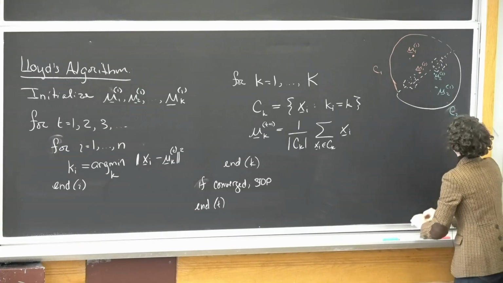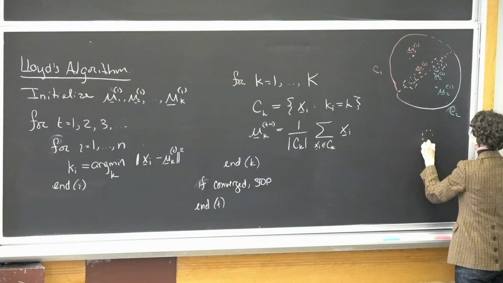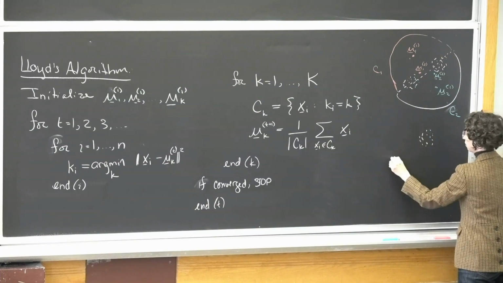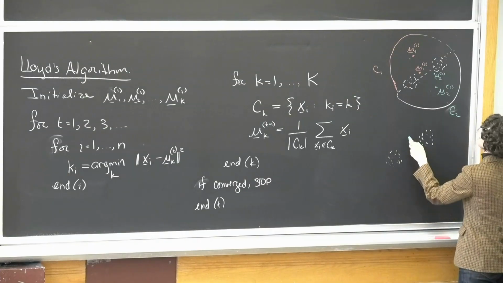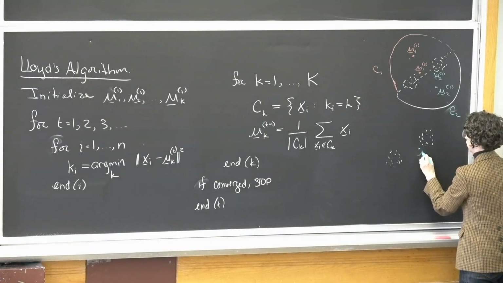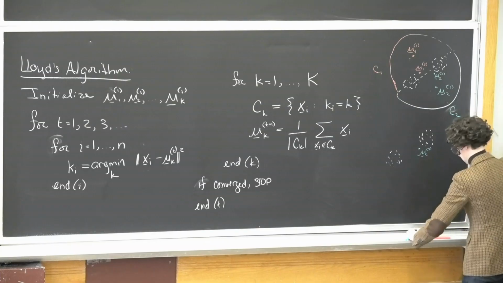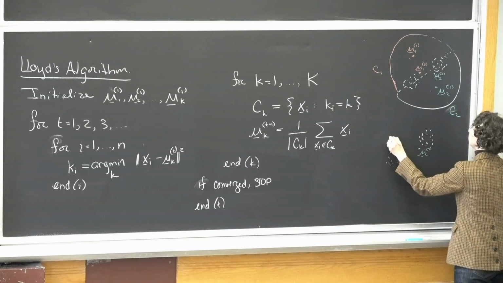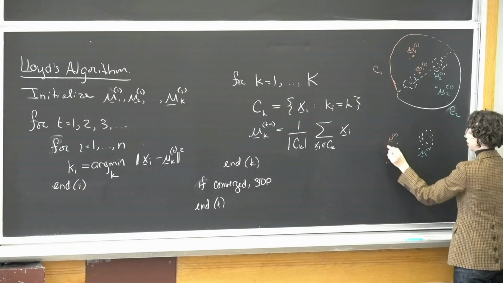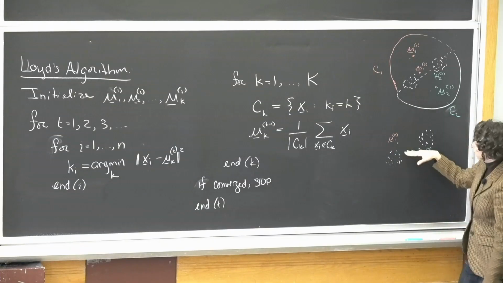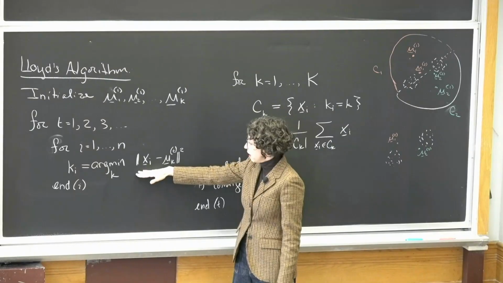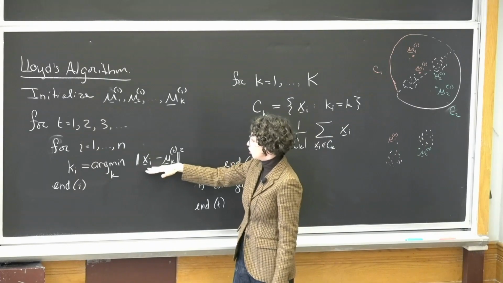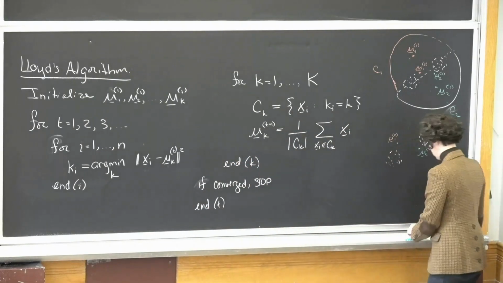And so then in the next iteration, of course, we still have the same collection of samples, but our means are now different. So we've got this mu2 estimate here, and we've got this mu1 estimate here. And so now when we've got these new estimates of the mu's, we're in our next loop, and we're going to say for each point, is it closer to mu1 or mu2?